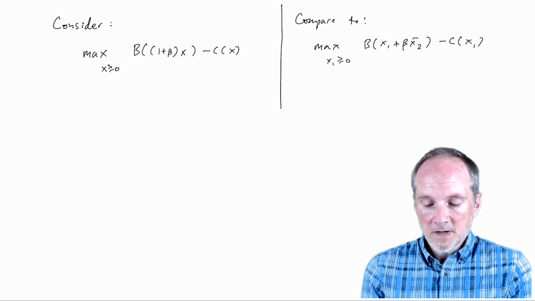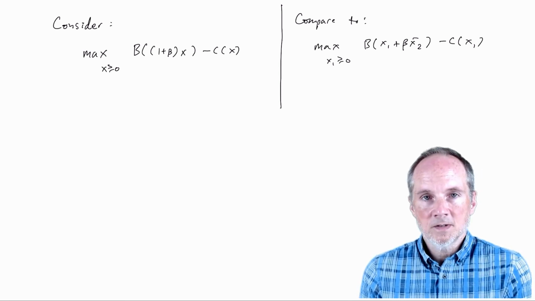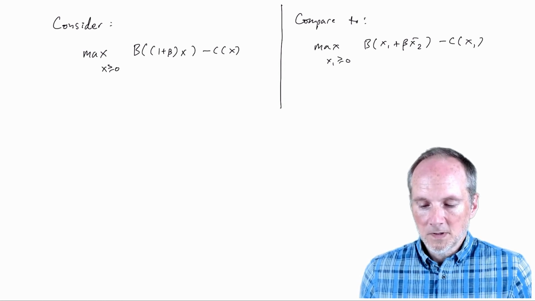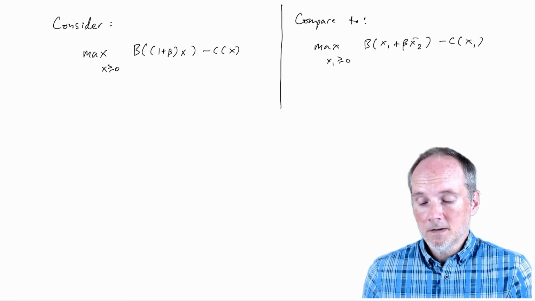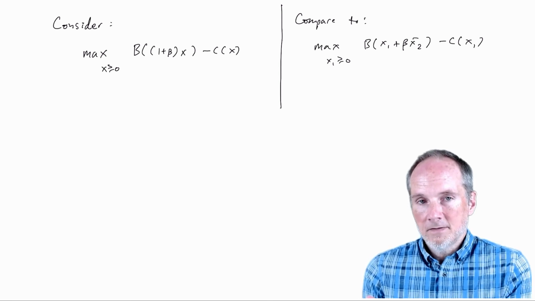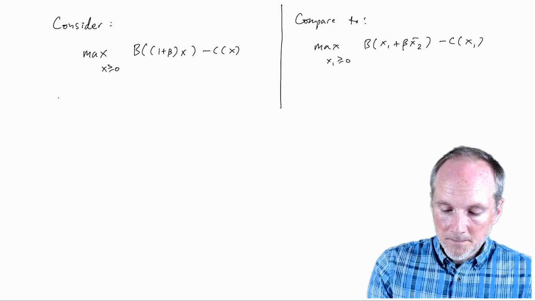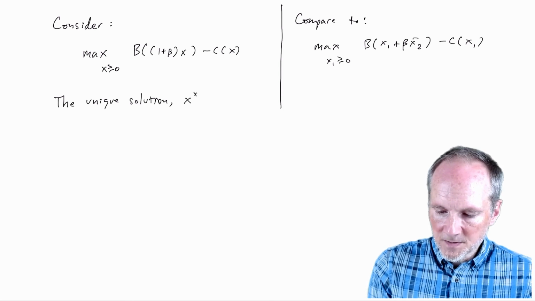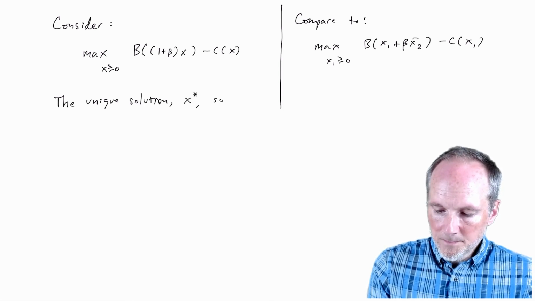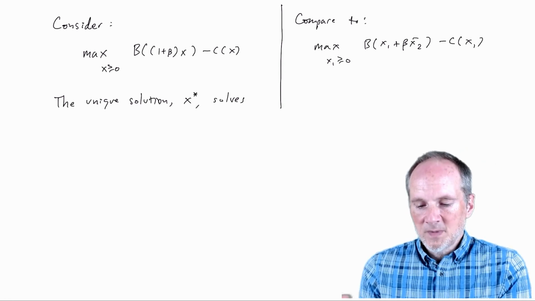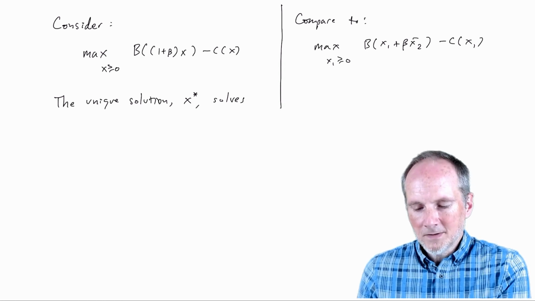Okay, so this new problem, with the structure we're imposing on this, will have at most one solution. There's very standard structure that will ensure that there is at least one, and I'm not going to worry about that part. Basically, this thing's going to have a unique solution, and let's use the notation x with the superscript star. It's going to be strictly positive, again, under standard assumptions.